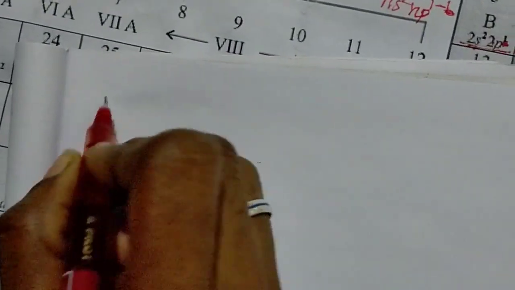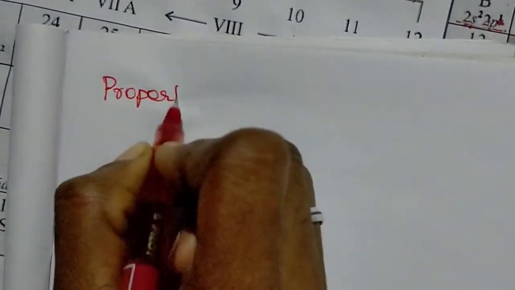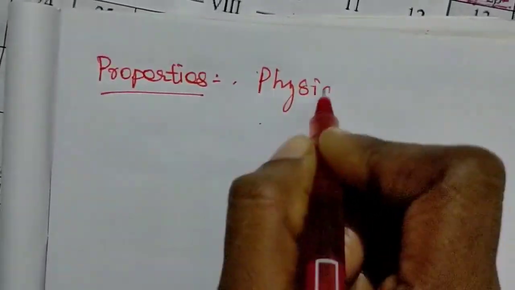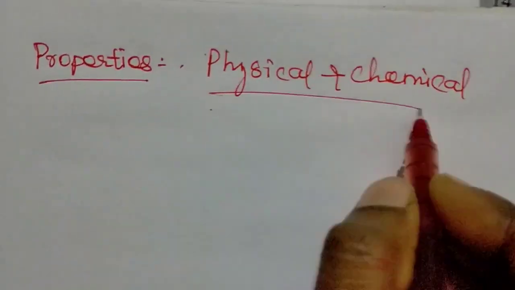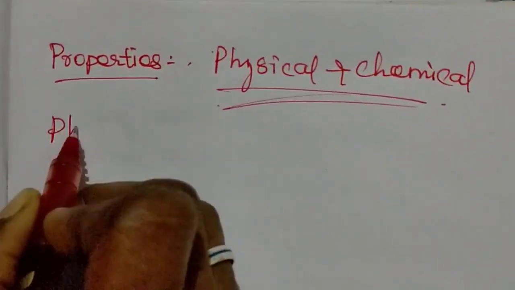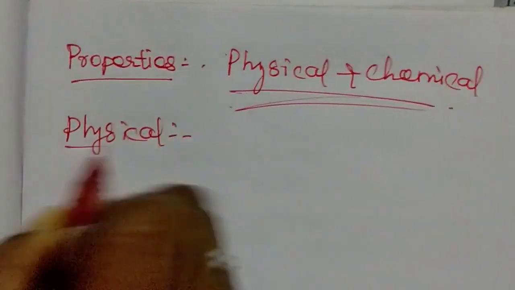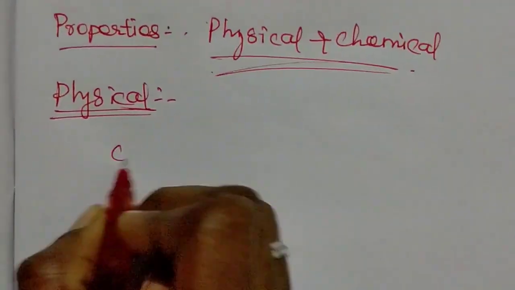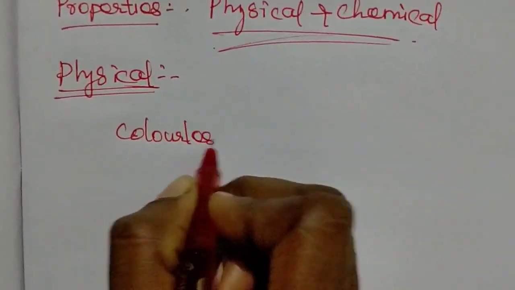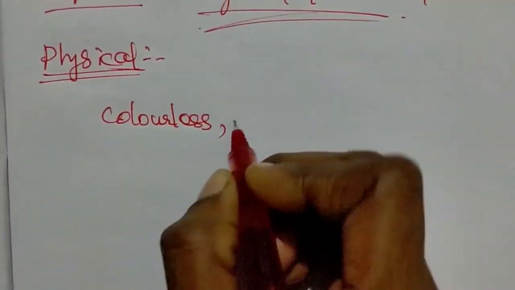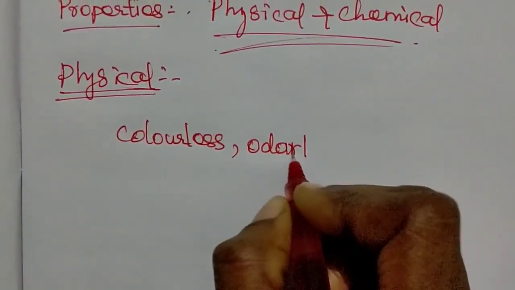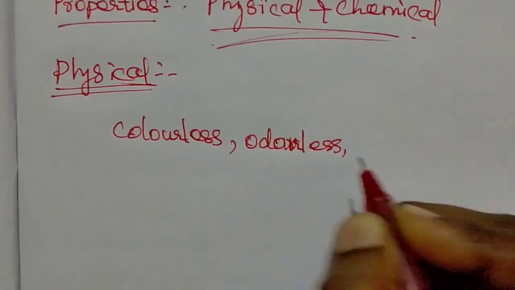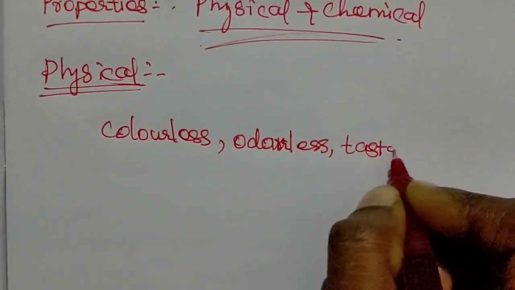Preparation over. Next, properties. We have two types of properties: physical and chemical properties. First, physical properties. It is colorless. Hydrogen gas is colorless, odorless, and tasteless.